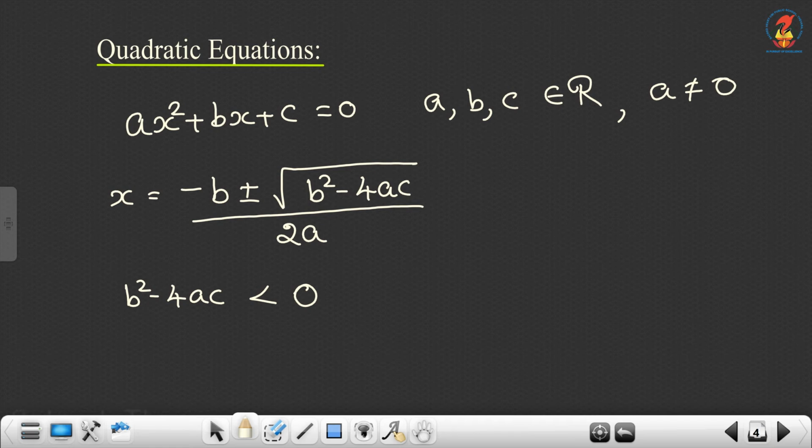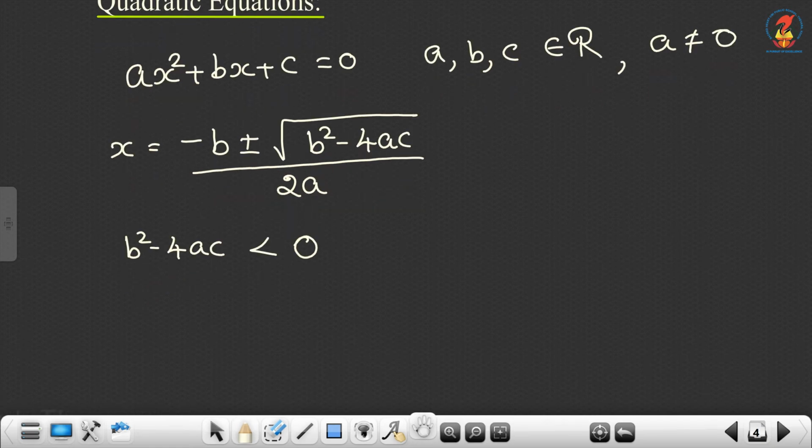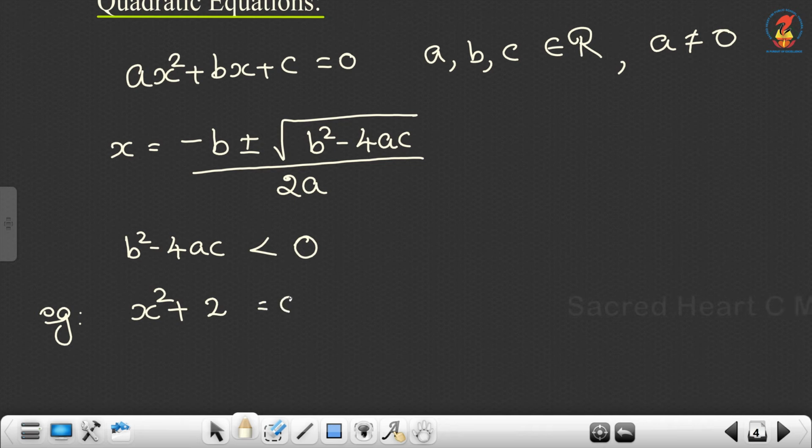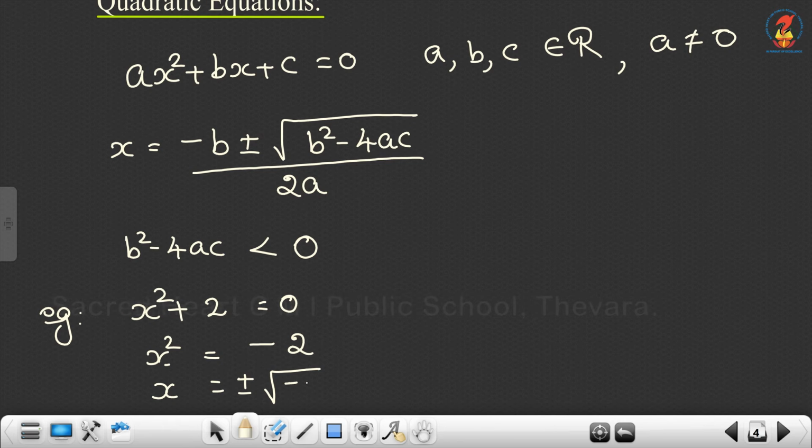So, here we have to discuss how to write the imaginary roots of a quadratic equation. For example, if the quadratic equation is x square plus 2 equal to 0, then x square is equal to minus 2, or x is equal to plus or minus root of minus 2.